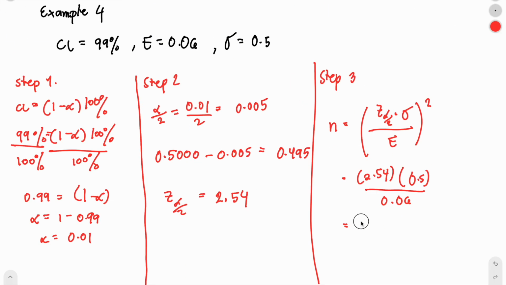Therefore, we have 21.1667. If we round this off, we should have 21. N should be equal to 21.